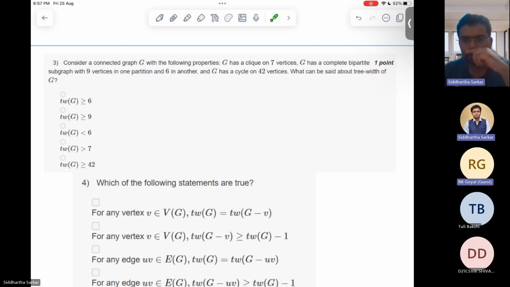I'm using desktop and I'm not well versed with Microsoft Teams. Whenever I try to zoom in, the entire content goes away. So you have to play around with it.